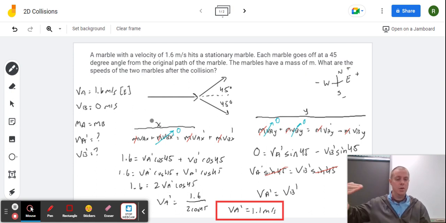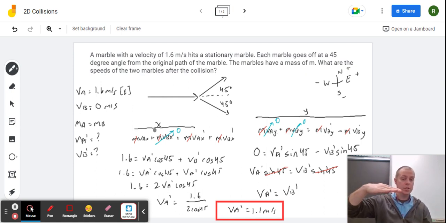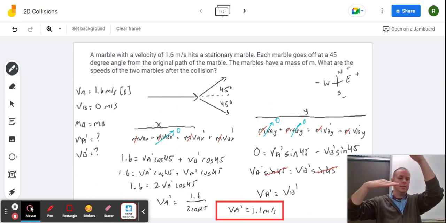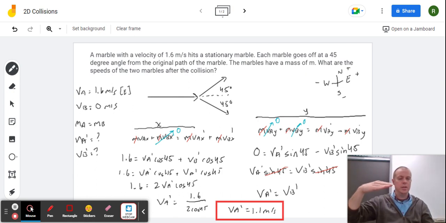So VA was traveling in one direction. We made it east. And so it had X momentum, but because it wasn't moving in the Y direction, on the Y side of things, it started out as a 0. So that's kind of the trick to solving this problem.